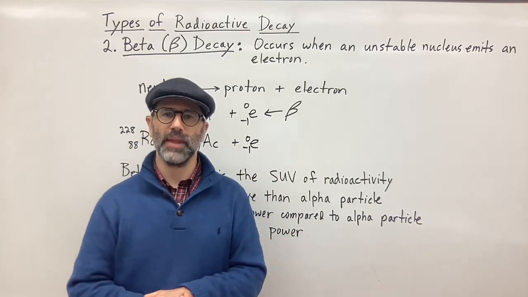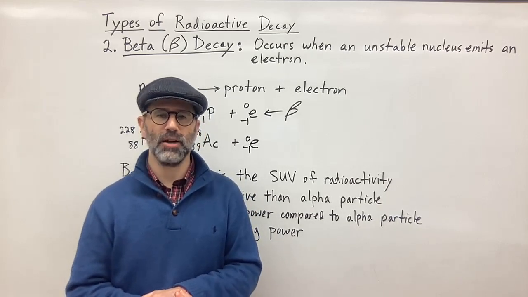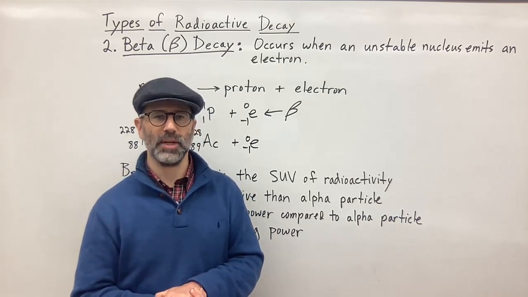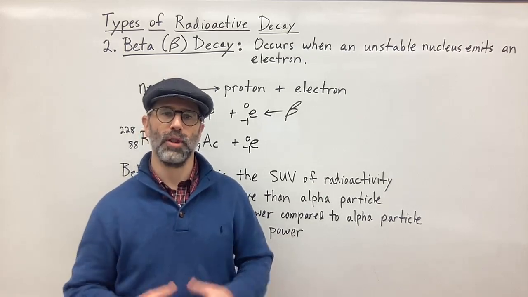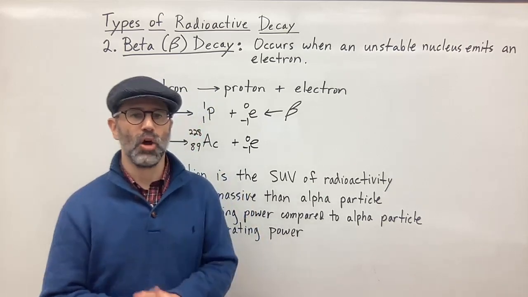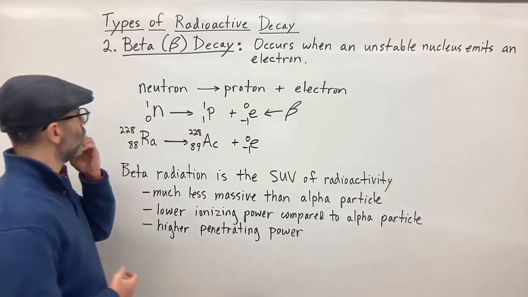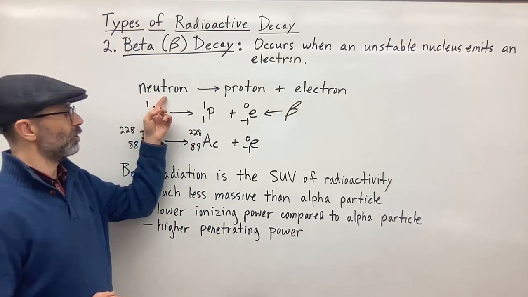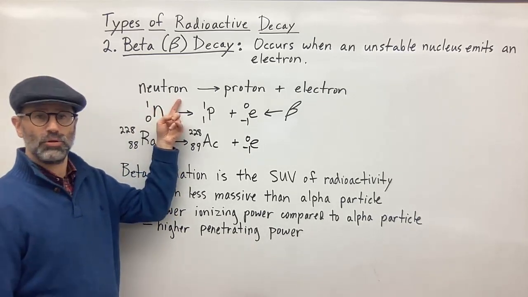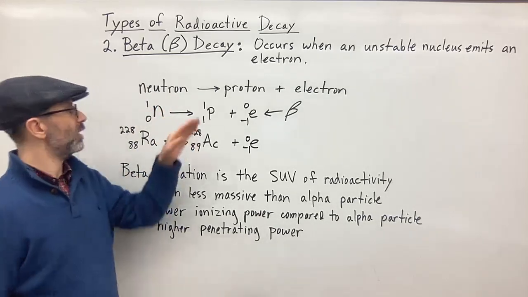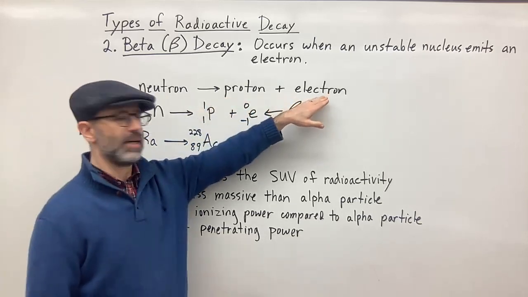Well, they are, but it turns out that the nucleus is more complicated than it appears to be, or than you may have heard. So, what's going on in the nucleus? Well, in order for an electron to be emitted, a neutron in the nucleus actually breaks apart into a proton and an electron.